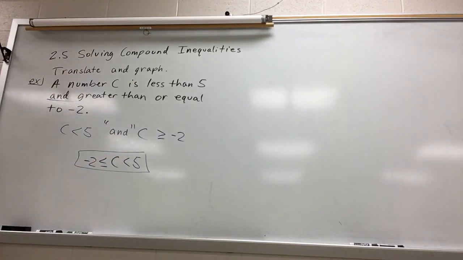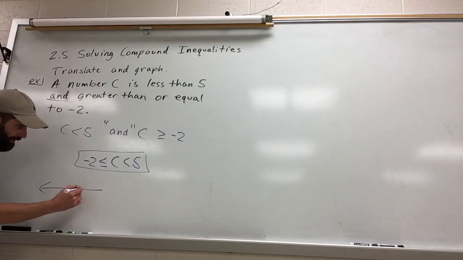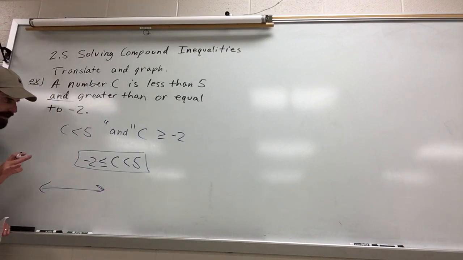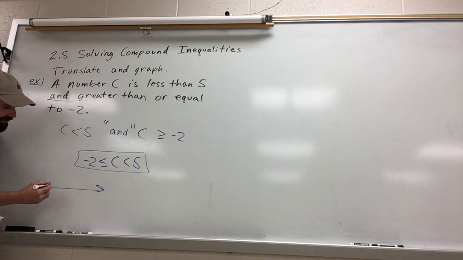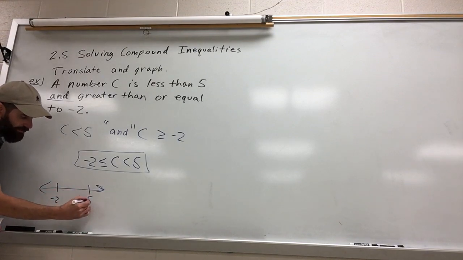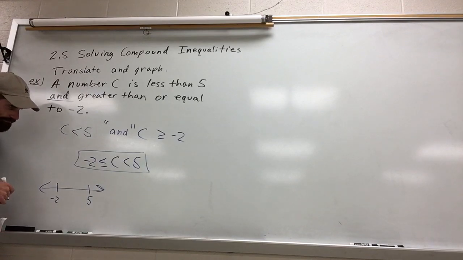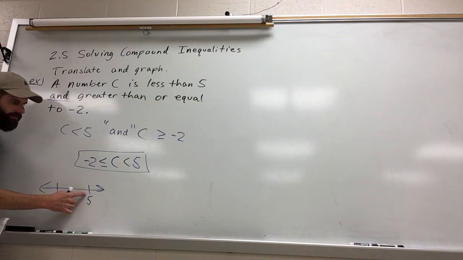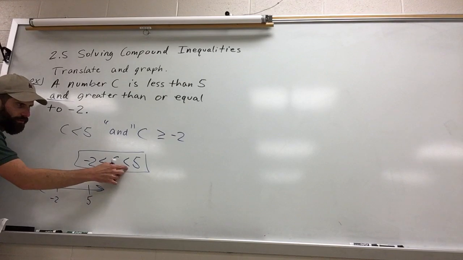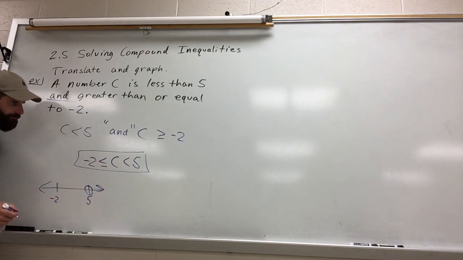And this is called an and compound inequality. Now to graph it, you make a number line, and I'm not real picky on these. I just want you to have the smaller number on the left, the bigger number on the right. You don't have to put all the numbers in between. But here's the thing, you're going to actually have two dots or circles. Is it going to be a circle or a dot at the 5? Well, because there's no equal sign, you're going to put a circle.